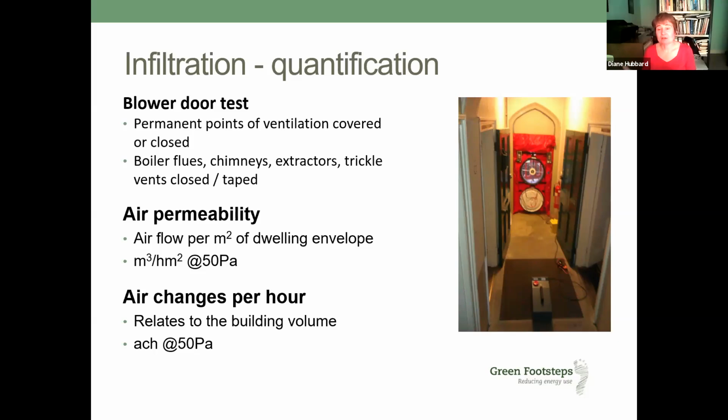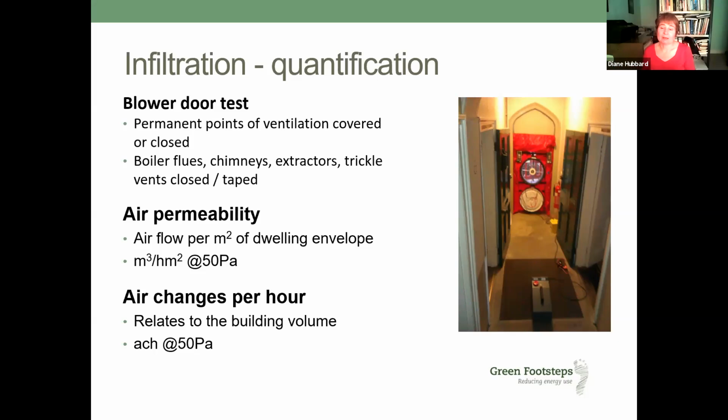In the UK, the standard pressure is 50 pascals pressure difference. Now that pressure difference equates to the equivalent of a 20 to 30 mile an hour wind. So the units that we're dealing with for air permeability are meters cubed per hour at the 50 pascals pressure difference, divided by the surface area of the building.